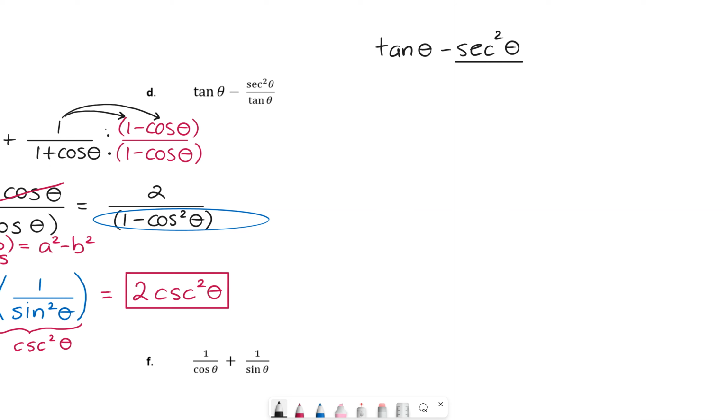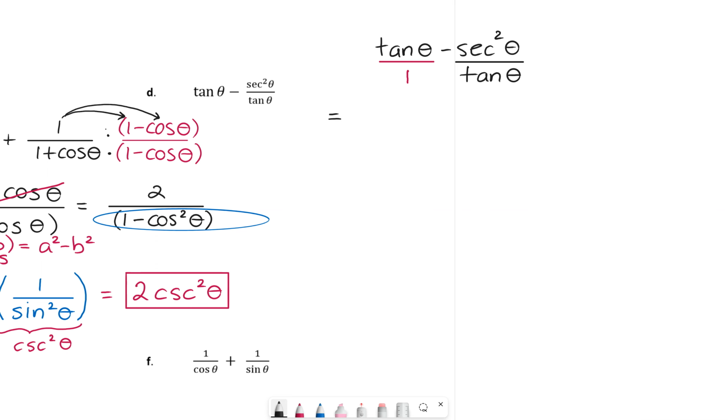Okay, so in this case right here, what we're going to want to do is get common denominators. Now, the first term, tangent theta, is not a fraction, but what I'm going to do is put a over 1 so that it looks like a fraction right off the bat.